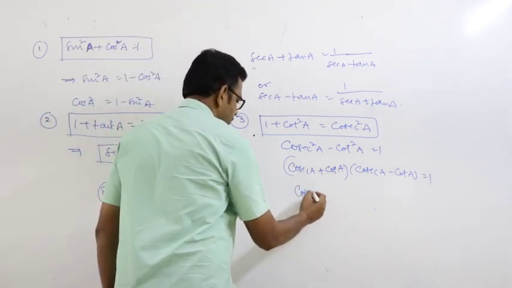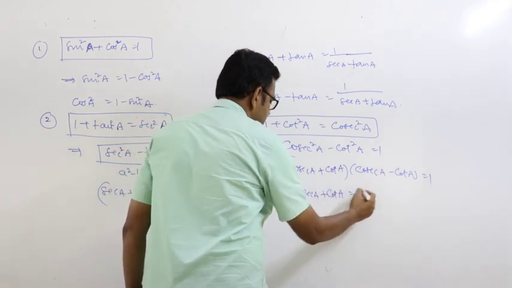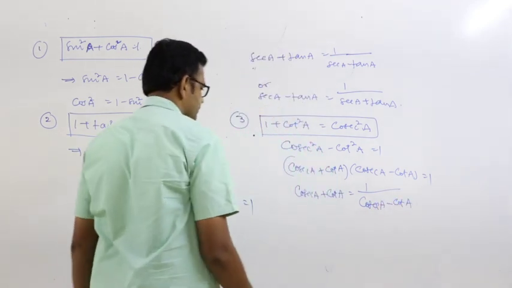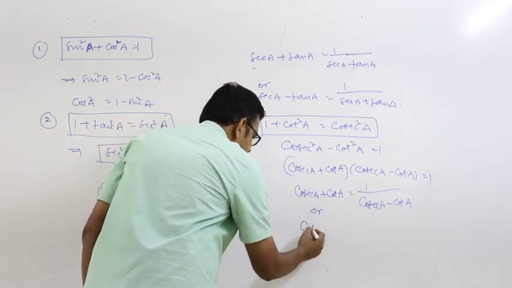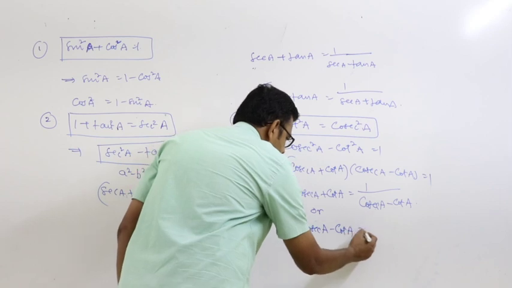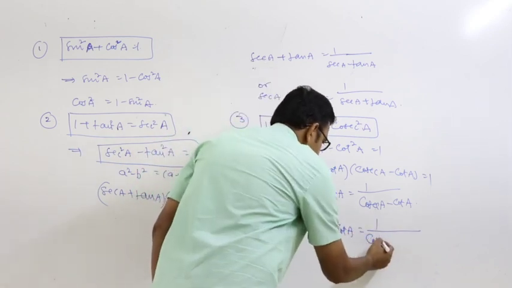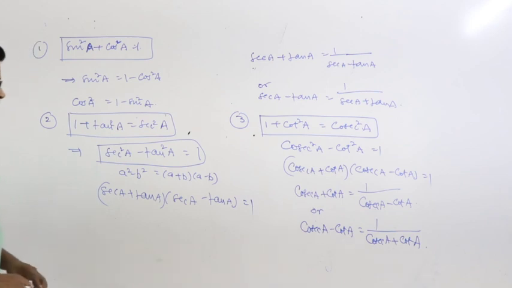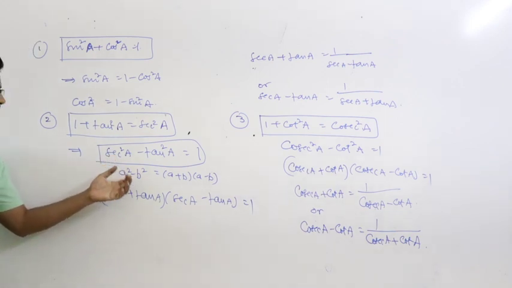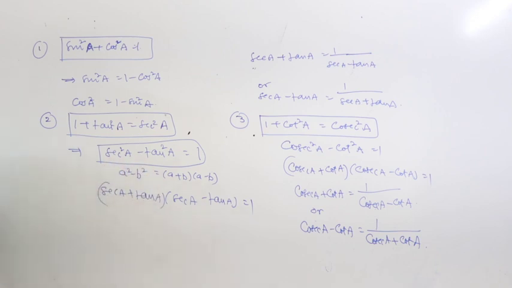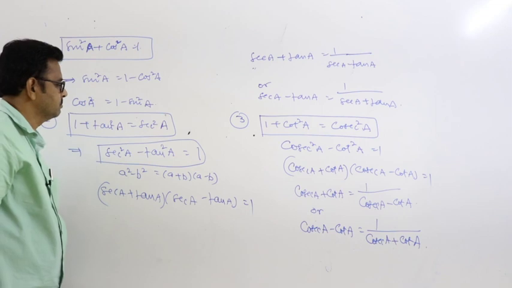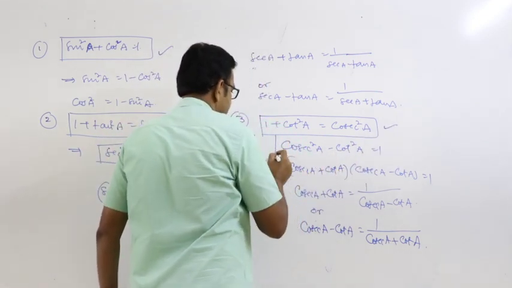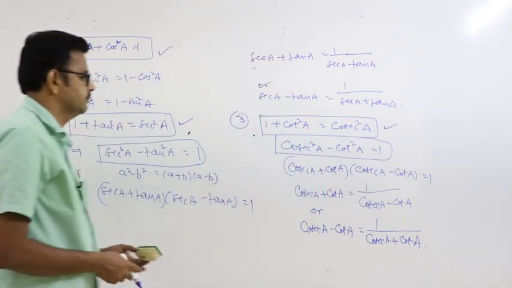That is, cosecant A plus cot A is equal to 1 by cosecant A minus cot A, or cosecant A minus cot A is equal to 1 by cosecant A plus cot A. Again, these trigonometric identities are related to algebraic identities. So, write these down.